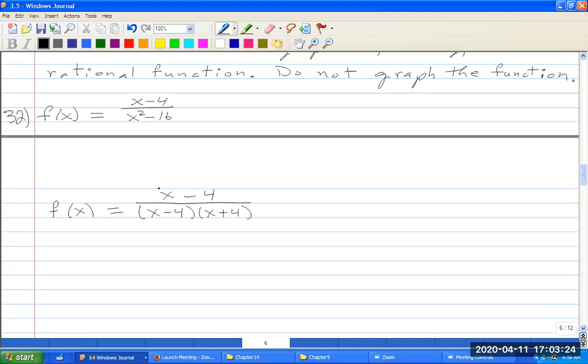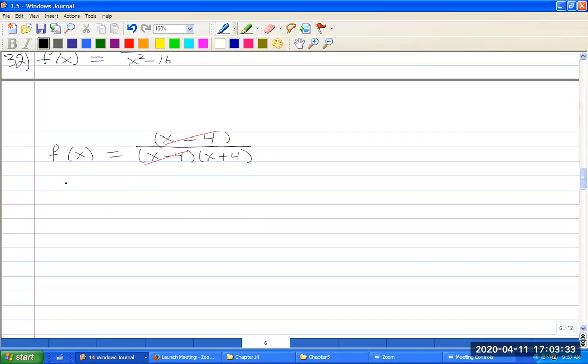Now, I can cancel out the x minus 4s. If I do that, I have f of x equal to 1 over x plus 4, if x is not equal to 4.